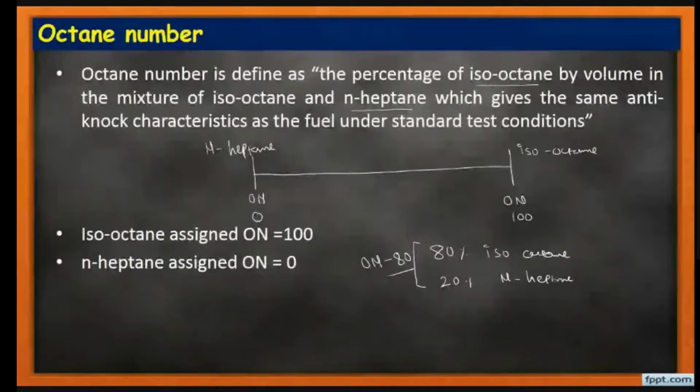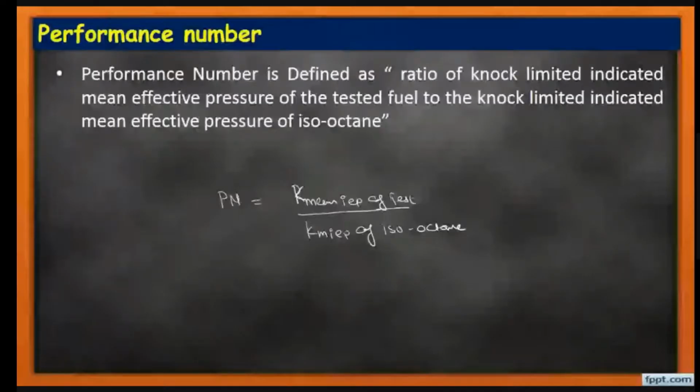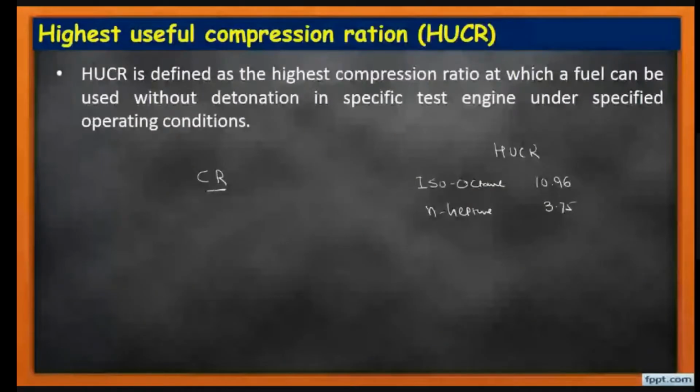Then we discussed the performance number. The performance number defines the anti-knock quality of the fuel based on the knock-limited indicated mean effective pressure under given conditions. Then the third method is the highest useful compression ratio, which defines the quality of fuel based on the compression ratio.